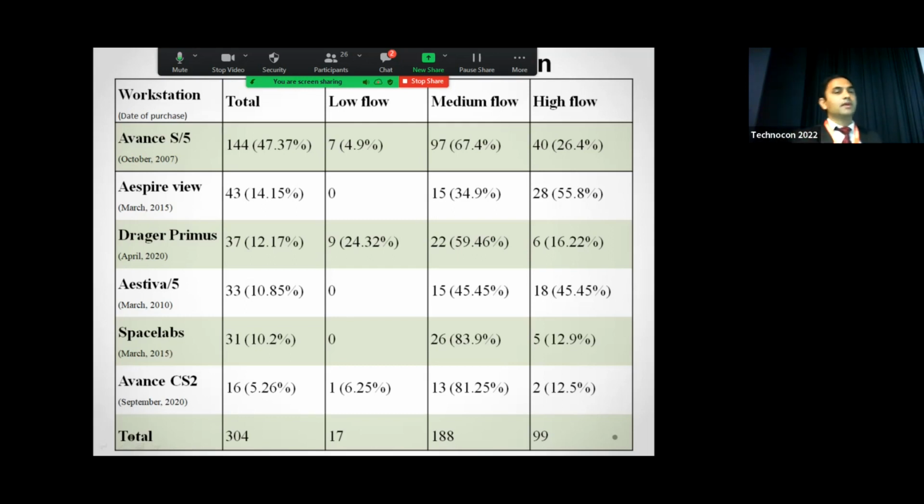So it shows whether the flow is low, high, surplus, or adequate for the case. In this way, people get to know the exact flow rate that is required, and there is maximum use of low flow anesthesia with this machine.